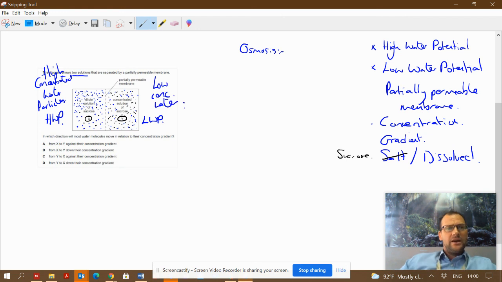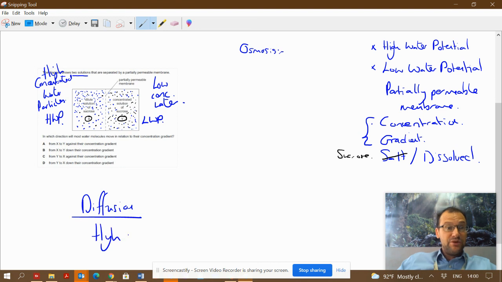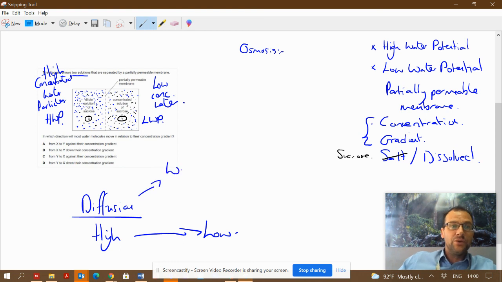All right, so if we're talking then about this concentration gradient with diffusion, the movement goes down the concentration gradient from high to low. Well, this is a form of movement, a form of diffusion, but we're talking about the diffusion of water here, which is what osmosis is.